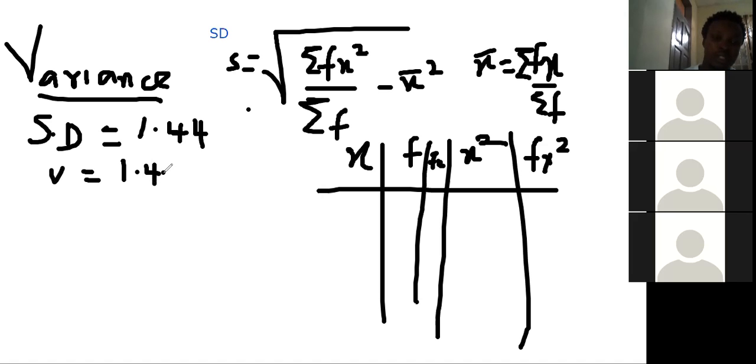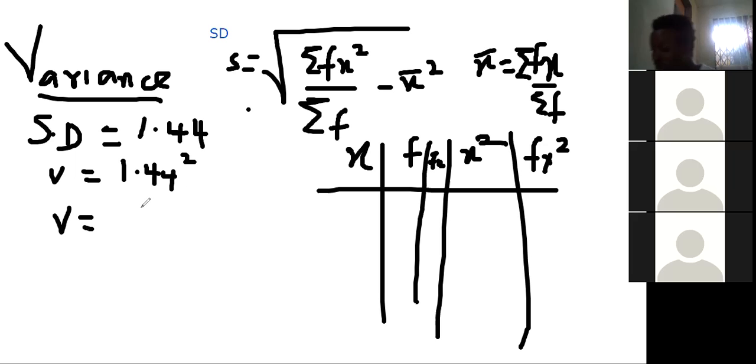So V will be equal to what? 1.96. So that will be our variance. Our variance is always the square of the standard deviation we get.